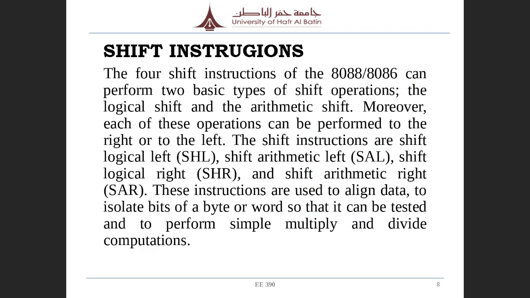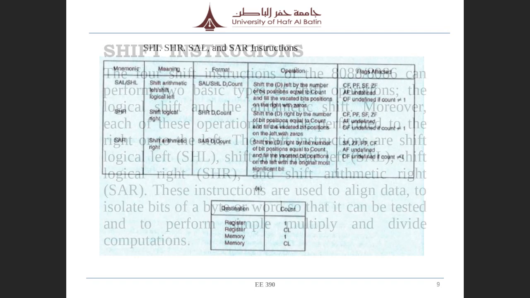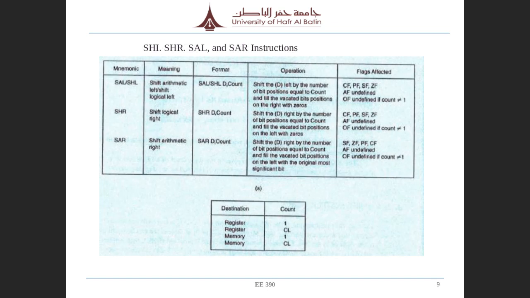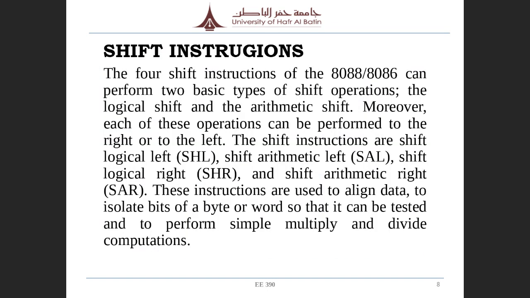Okay, and now another group of logical instructions is the shift instructions. During the shift operation, shift can be shift logical left, SHL, and another instruction called shift logical right, SHR.